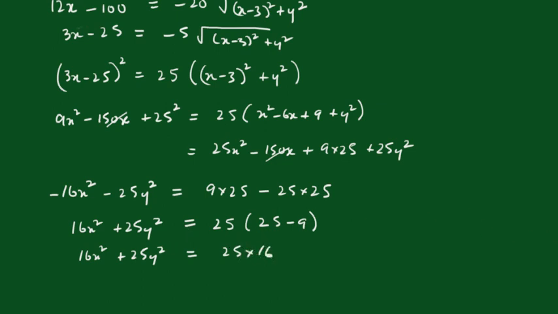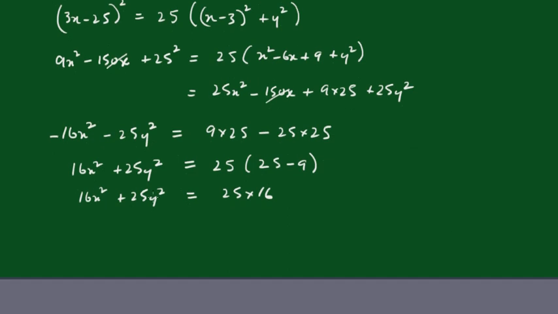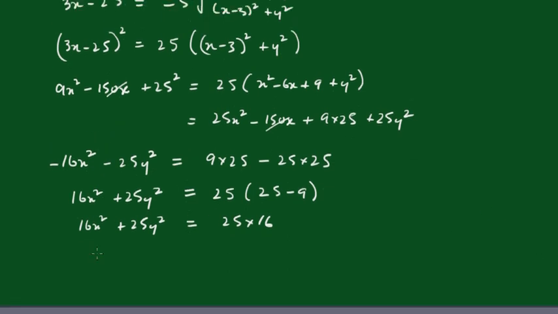Now divide both sides by 25 times 16. So now you have x squared on 25 plus y squared on 16 is equal to 1.